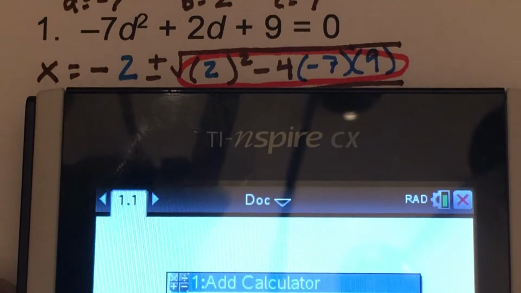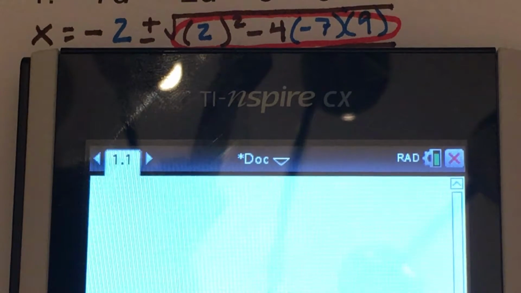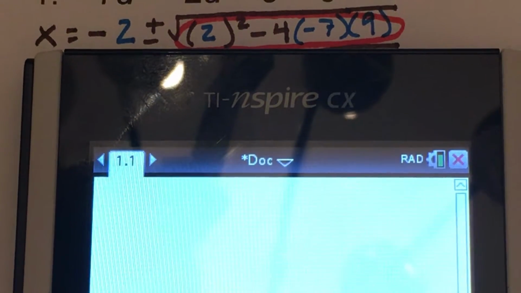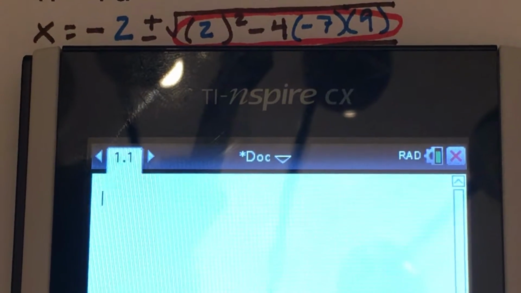So here in your calculator, I've got a calculator. Let's type in the guts. You do not need the square root around it at this moment. Okay?